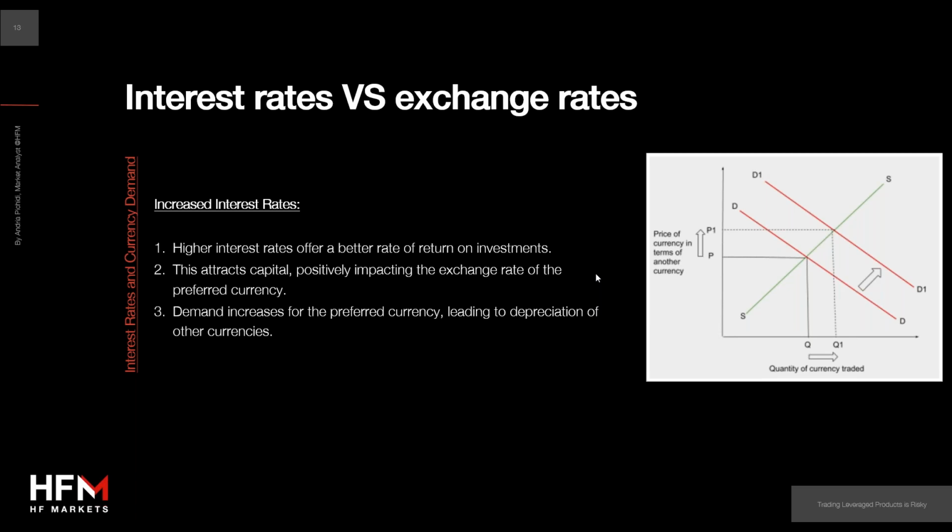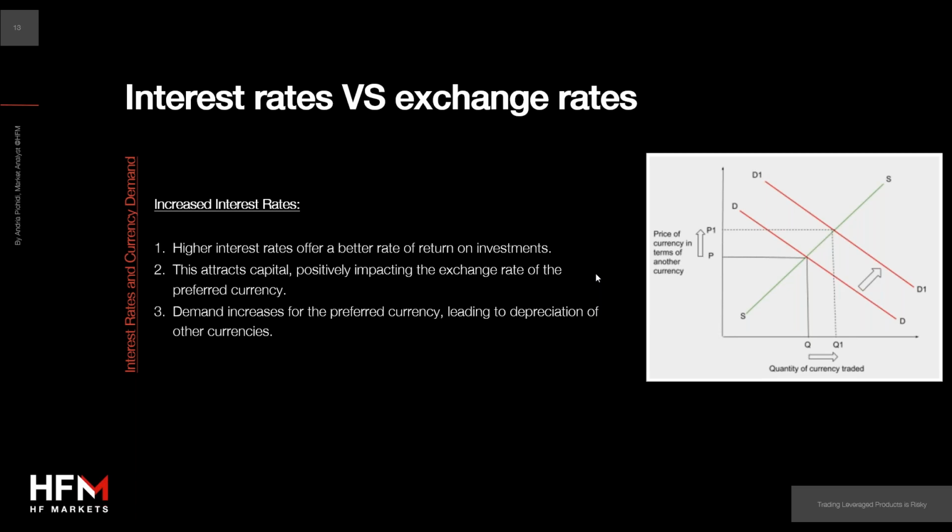If a lot of investors are going away from Europe, for example, because it has 1% interest rates, and they move their money to US because it gives 3% interest rates, you understand that it will mean less demand for euro and higher demand for dollar. So we'll see that the demand in Europe will depreciate, and the demand of US, the preferable currency, will move higher. This is what this picture presents.